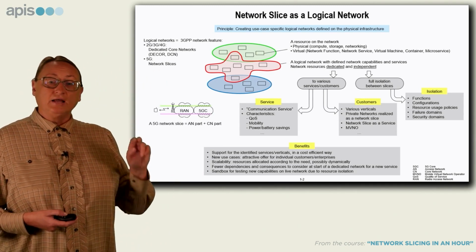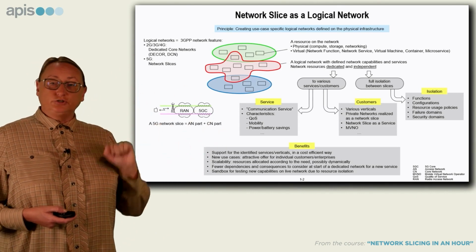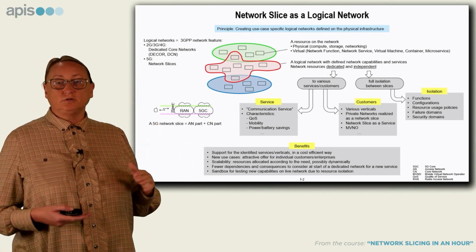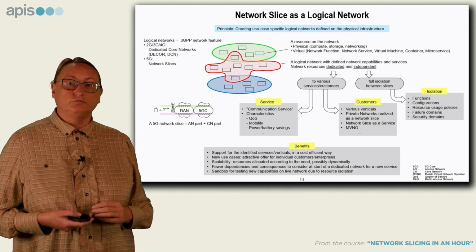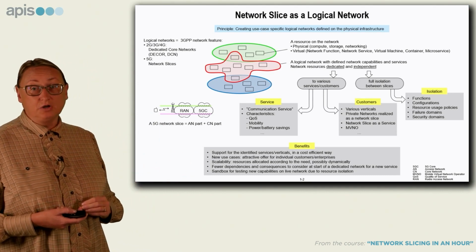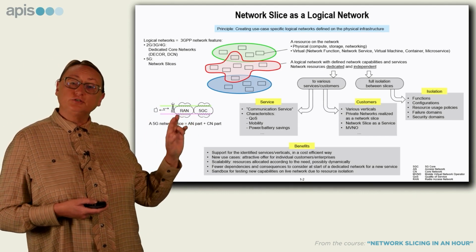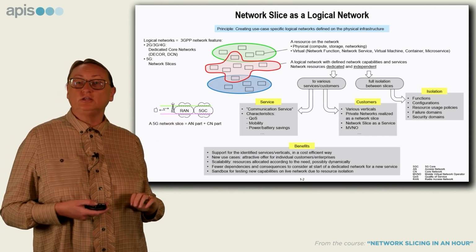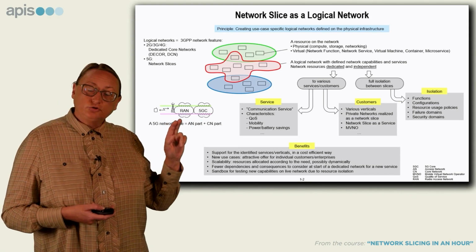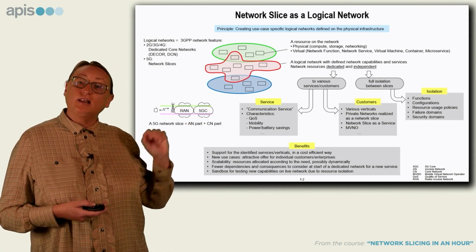Now, this is a small picture which is supposed to show us an overview from an architectural perspective of what a network slice is. You can see over here this part which is termed RAN, radio access network. I'm not trying to say that this is a cloud environment.